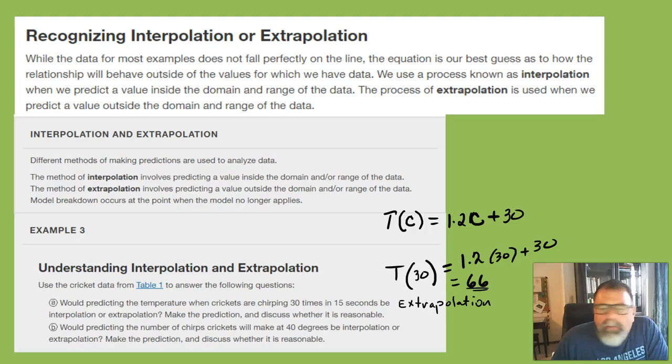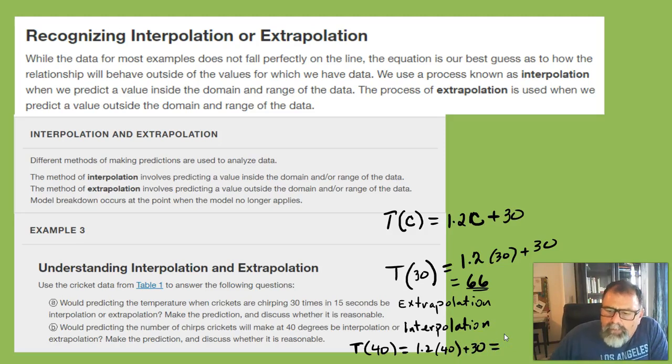So that would be interpolation. Make the prediction. And then T of 40 would be 1.2 times 40 plus 30, which equals, 40 times 1.2 is 48, plus 30 is 78 chirps in a 15-second interval.